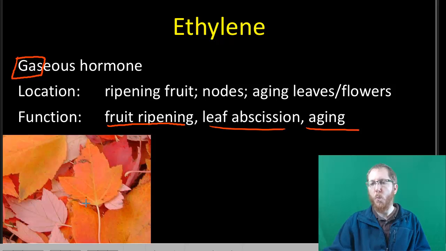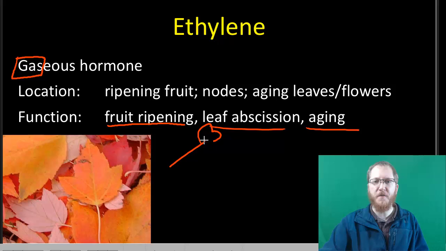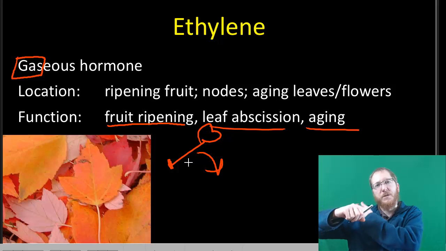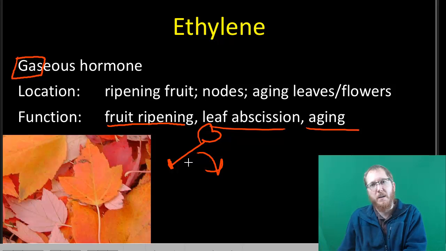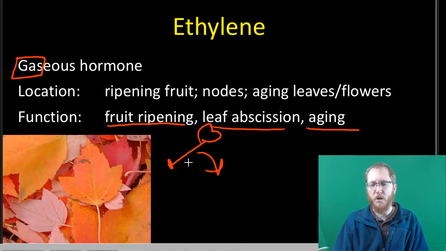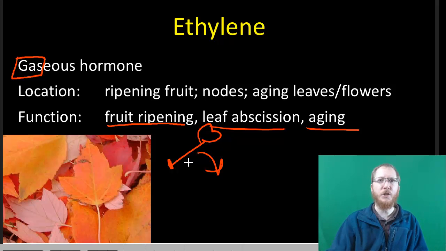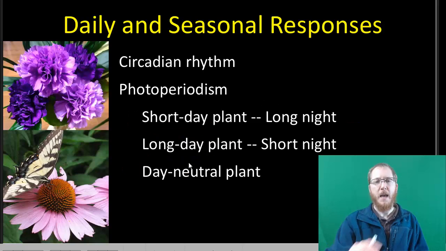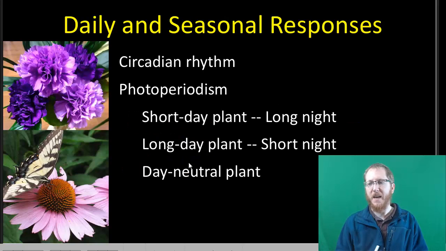So what we'll do is we'll wall it off, and so we're just going to take this leaf where it comes off, and we're going to build a little miniature skin layer, which is what the abscission part is, which allows this leaf then to fall away. So it's kind of like in your arm if you built a whole layer of skin here, so the rest of your arm just falls away because we've isolated it. That's what goes on in leaf abscission. So aging, ripening, abscission, and if it's a gas, that's definitely ethylene.